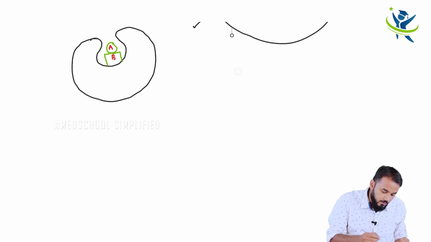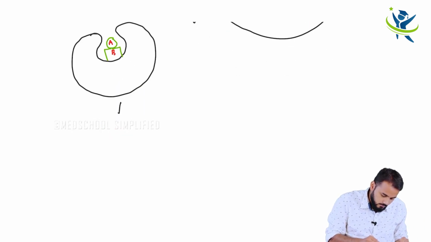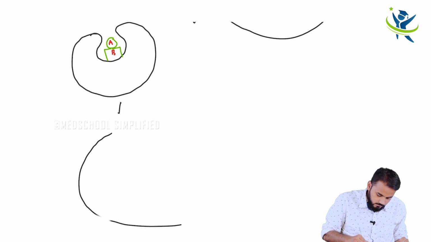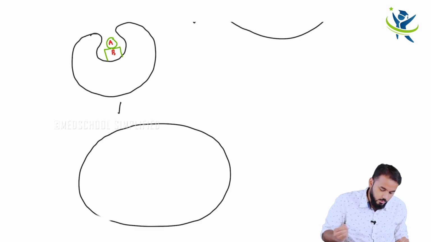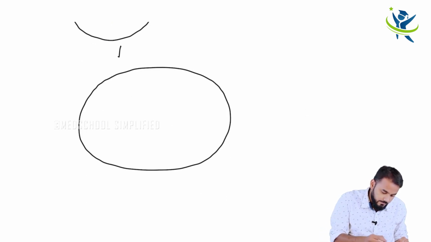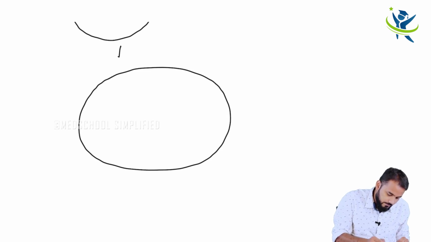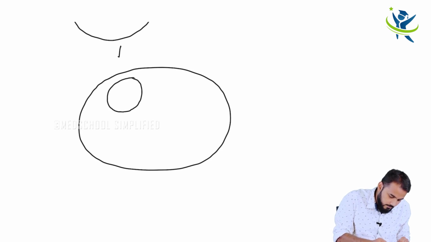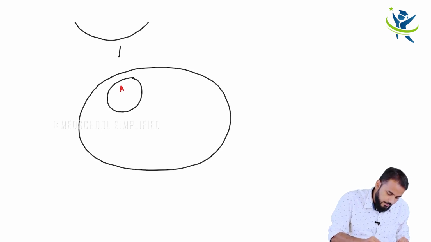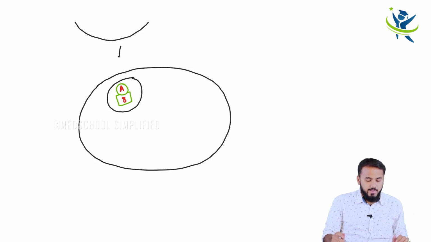Look here, how is it going to form? This is a host cell. This is the A subunit, this is the B subunit, like this, right?